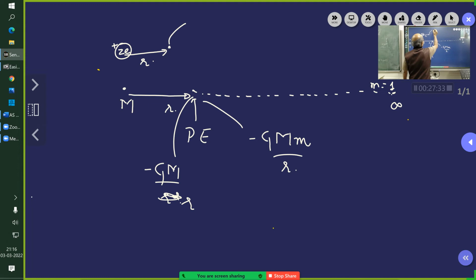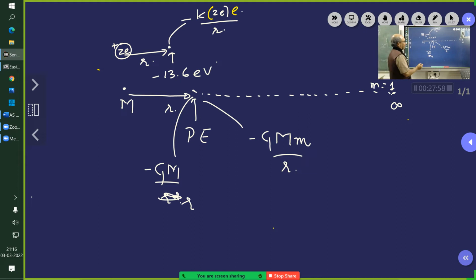What did we get here? Minus K Z e e by r. Correct? Same, laid out like this. Now, about the ground state, we got it as minus 13.6 electron volt.